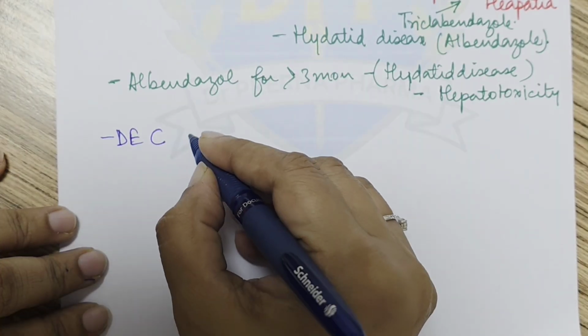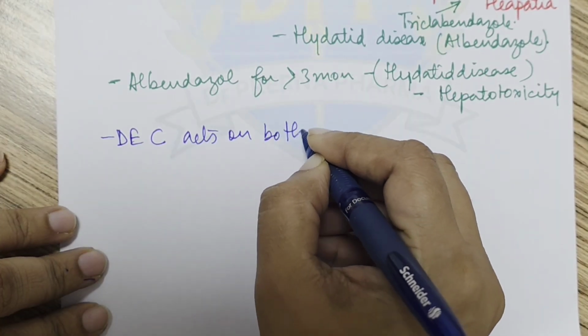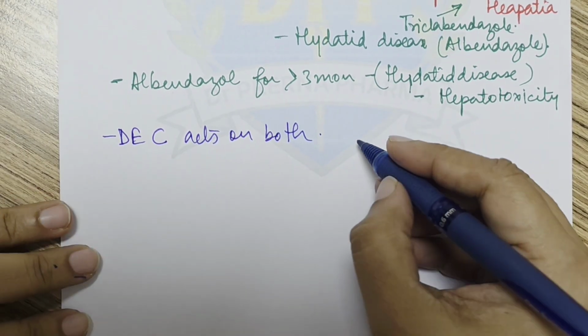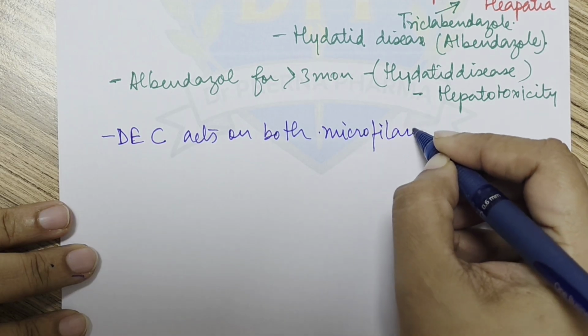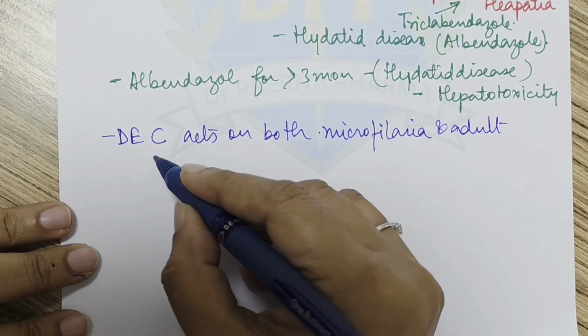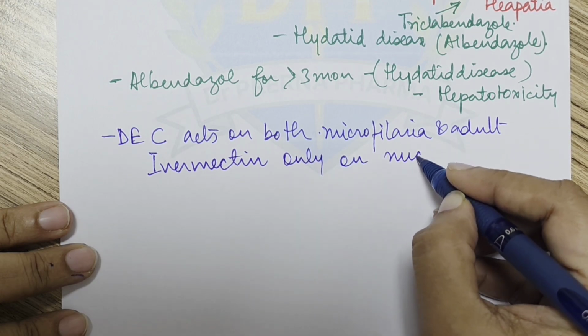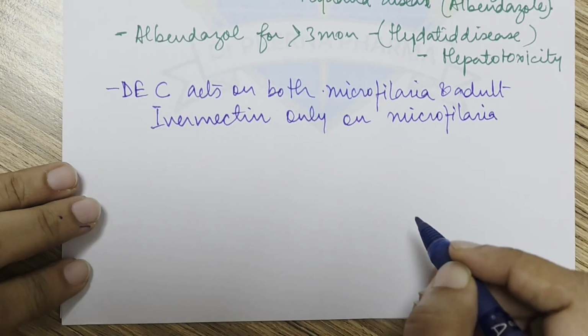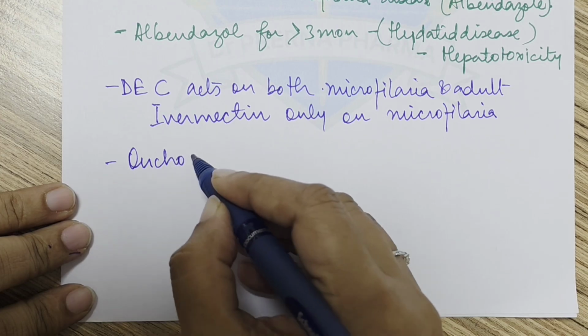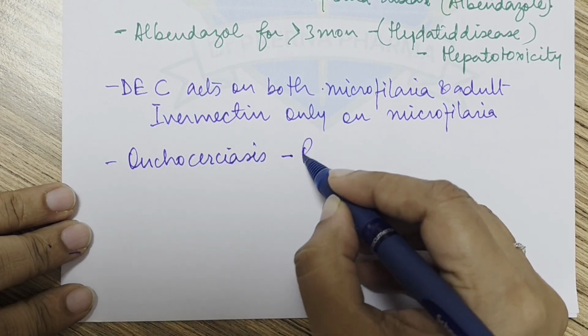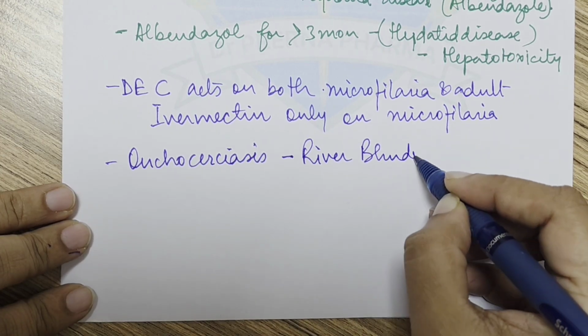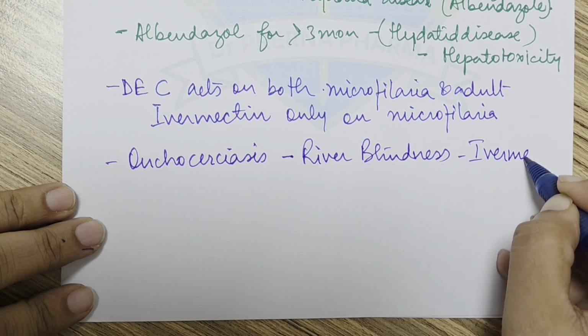Then diethylcarbamazine, that is DEC, acts on both microfilaria and adult, while ivermectin acts only on microfilaria. Okay. Then there is a disease, onchocerciasis. This is also known as river blindness, and this is treated by ivermectin.